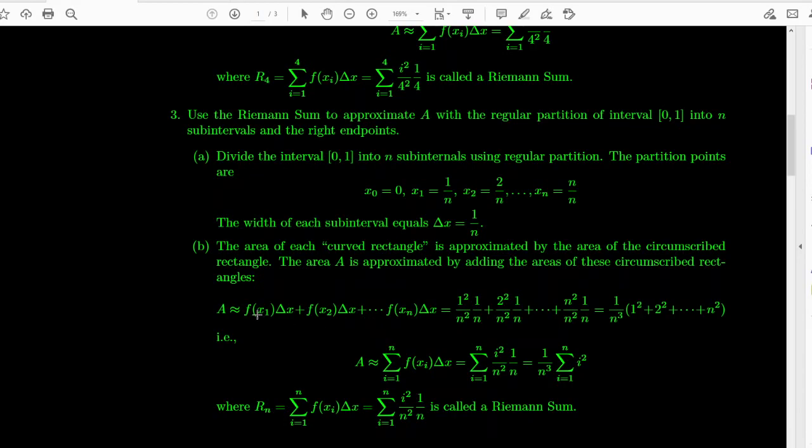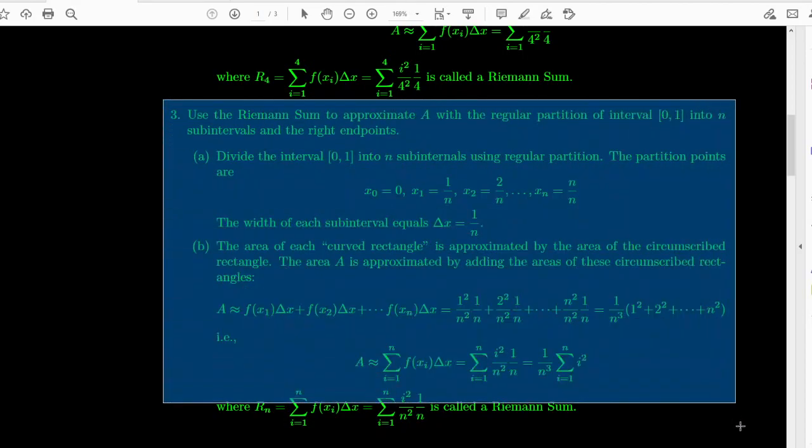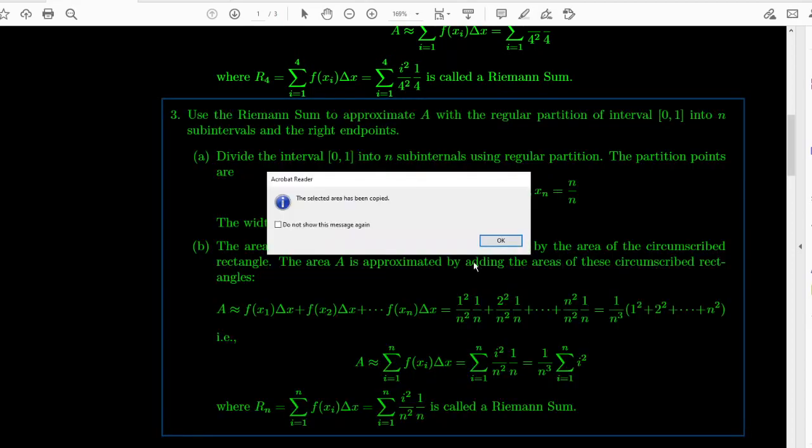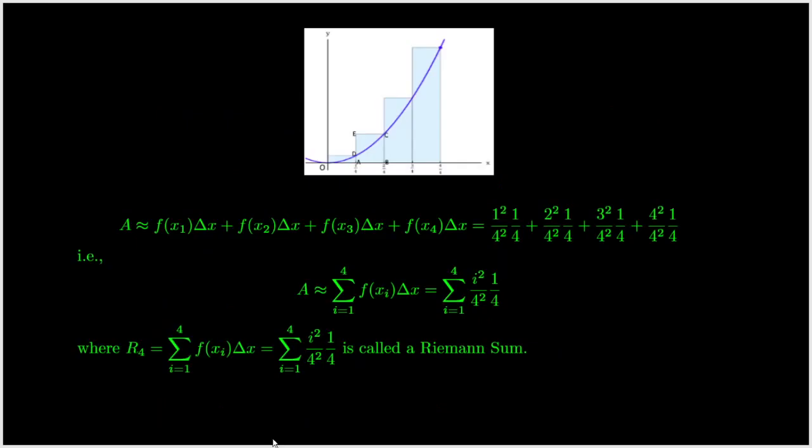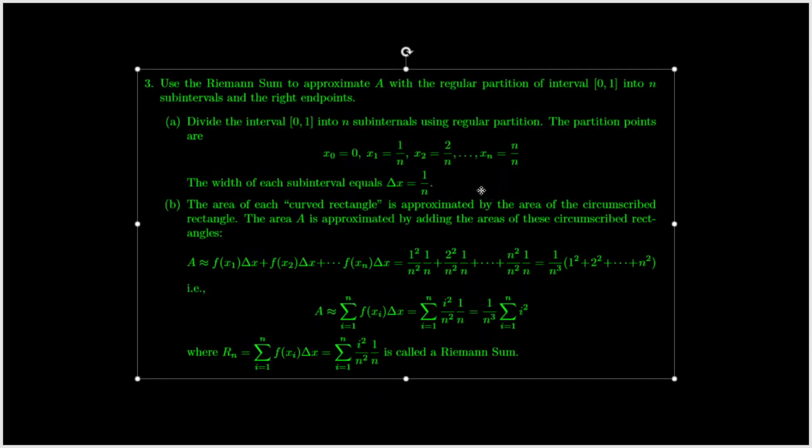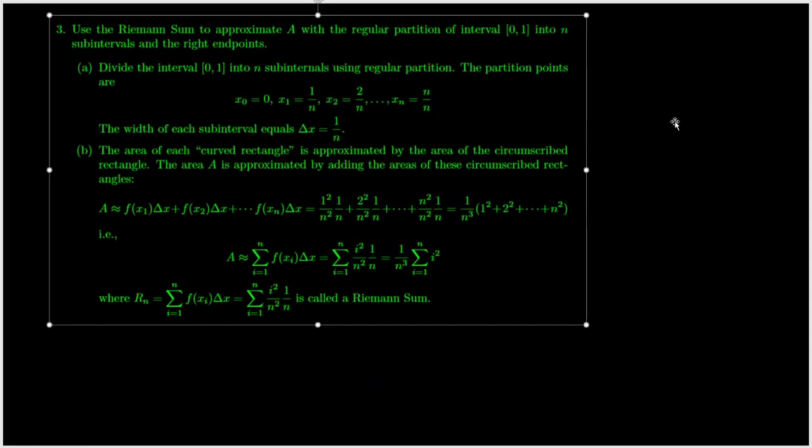In each term, these are the values of the function at the right endpoint of the subintervals. I'm going to copy this part to the PowerPoint slide, and then I will make more comments.